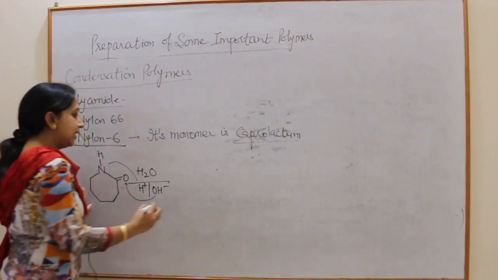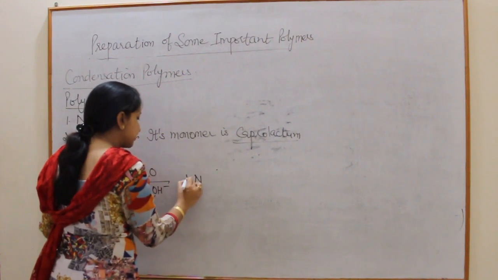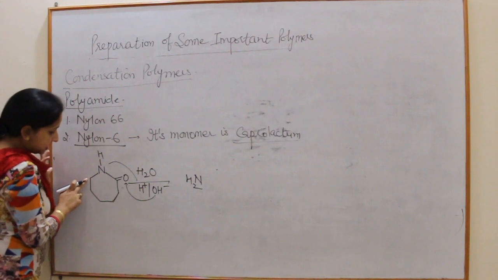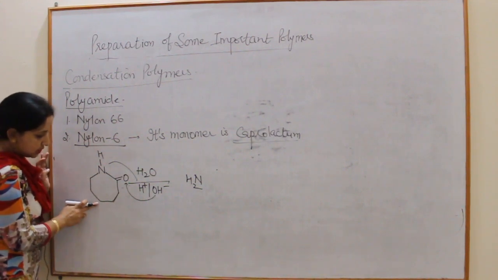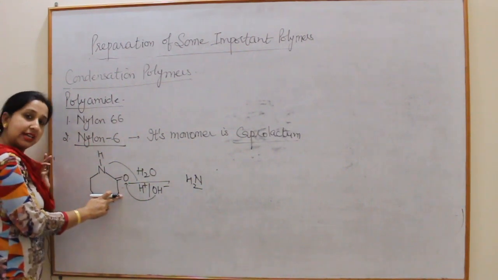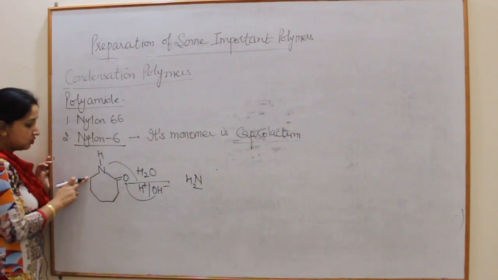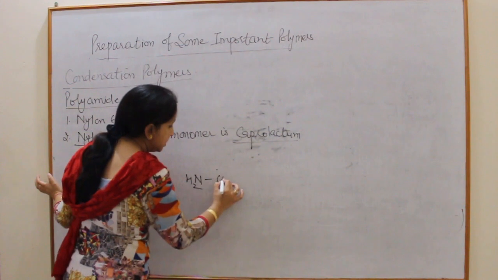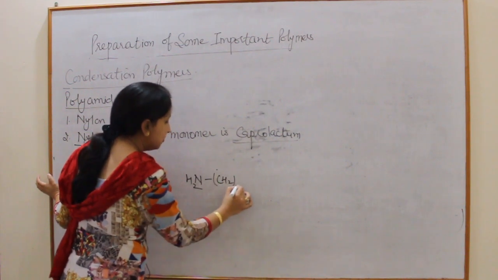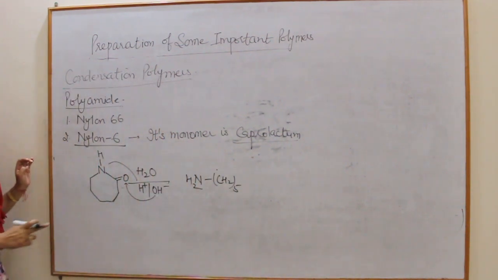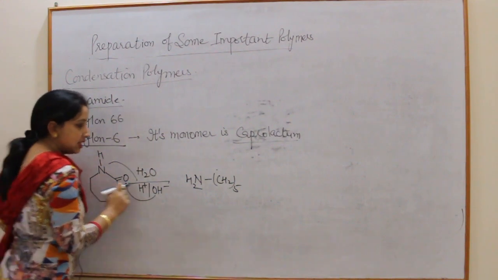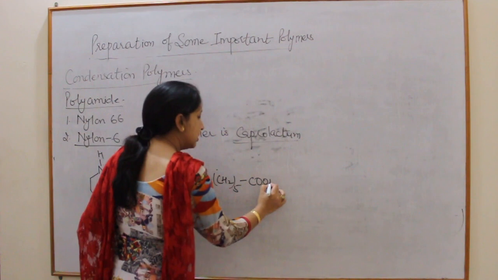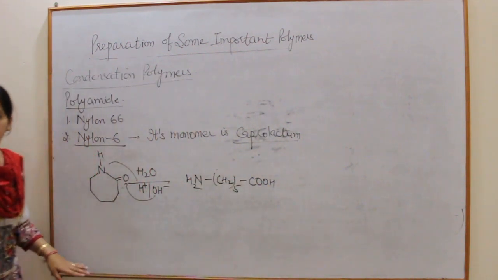So we can write it this way: NH2, next CH2, CH2, CH2, CH2 and again CH2. So how many CH2? 1, 2, 3, 4, 5. CH2 5 times. And here again CO and OH.